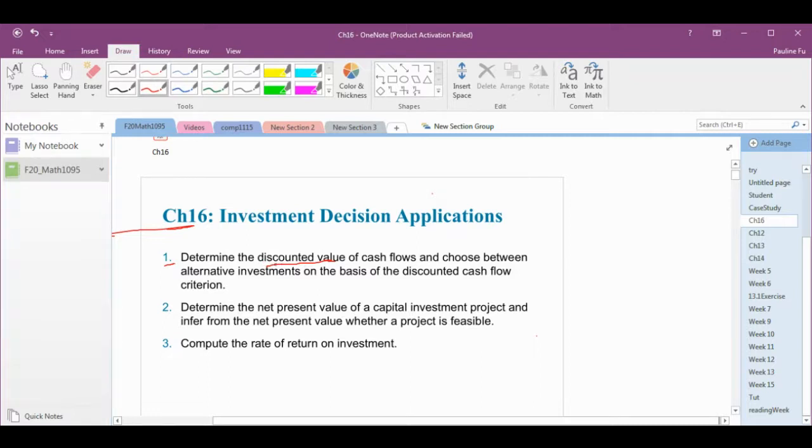So discounted flow usually refers to the present value. That is session 1. And session 2 will calculate the net present value of a capital investment project, and then make a conclusion from net present value to see if the project is acceptable, is feasible. Okay. So session 2 is about net present value, NPV.